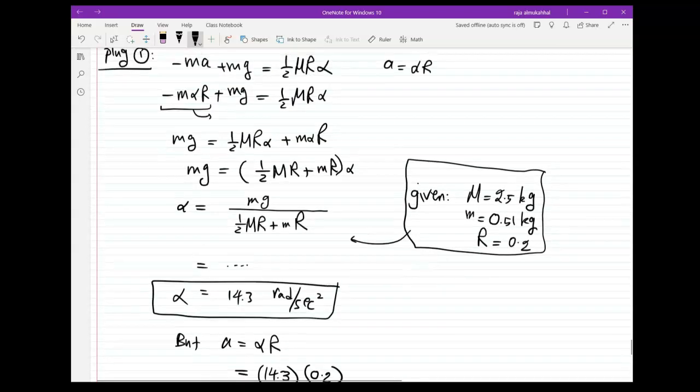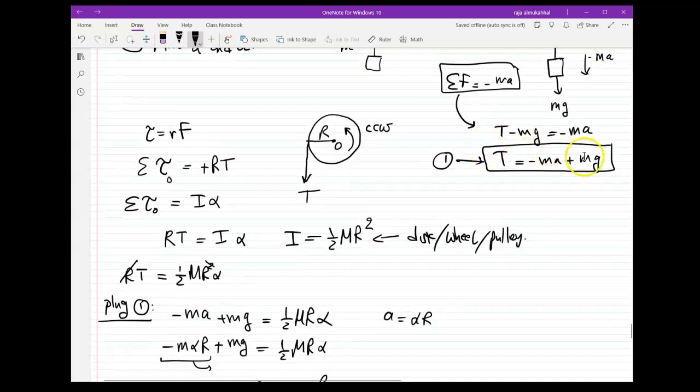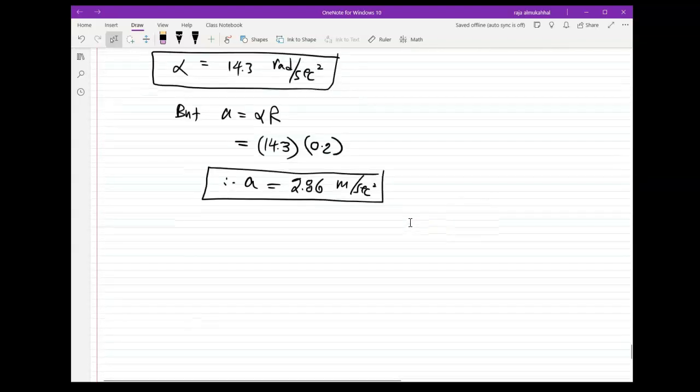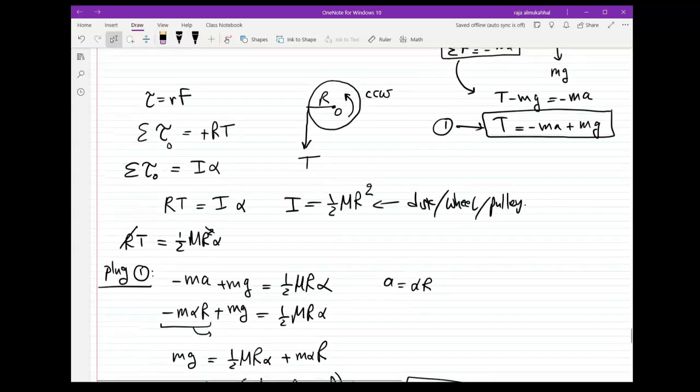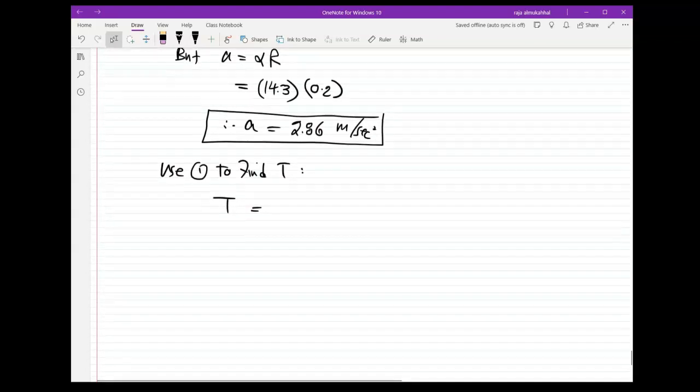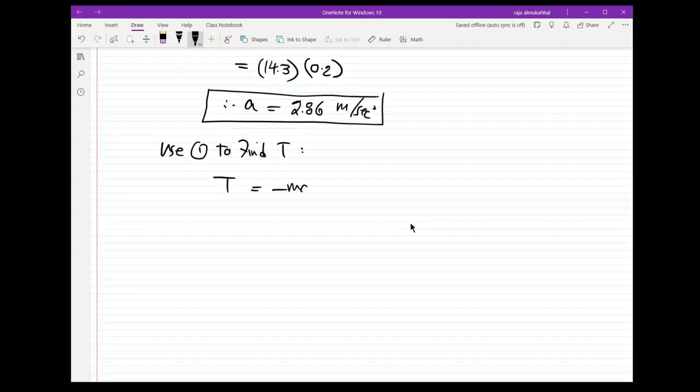Finally, now I need to find the tension. I can use equation number 1, which is right here, guys. I already have A, and I've got the masses, so I just use it. Use 1 to find T. The tension is equal to minus mA plus mg, or I can write it as m(g minus A).